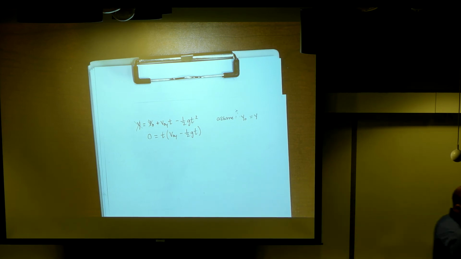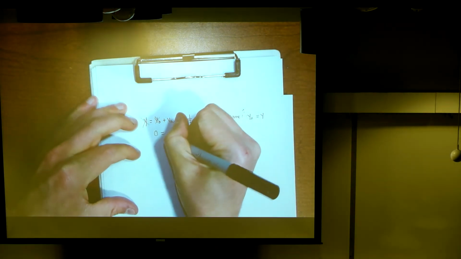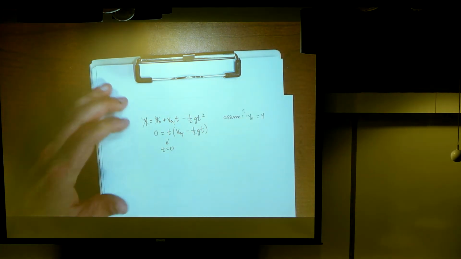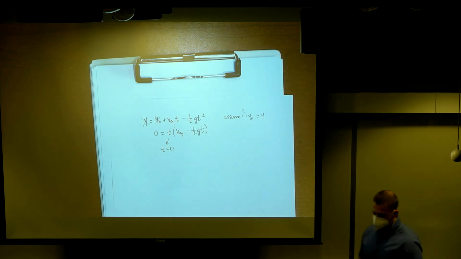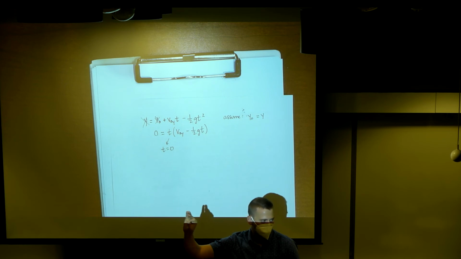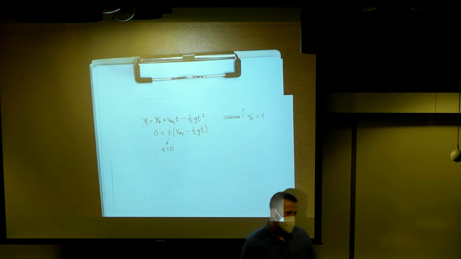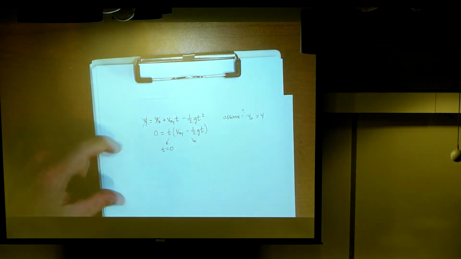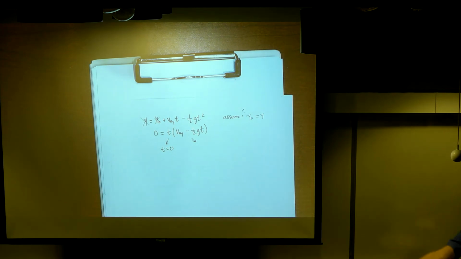One possible solution is just t equals 0. That's not super interesting. That just means if you wait no time after the projectile is launched, you're still at the same height you started. That's not the one we want. We want this one, which is how long does it take to come back to that height after the motion has taken us there.